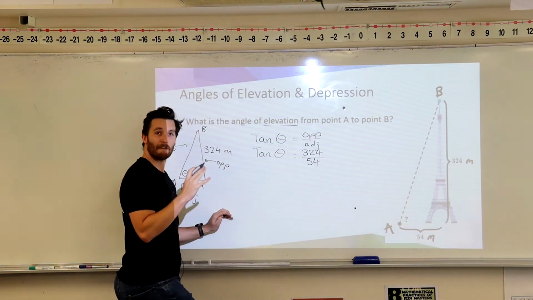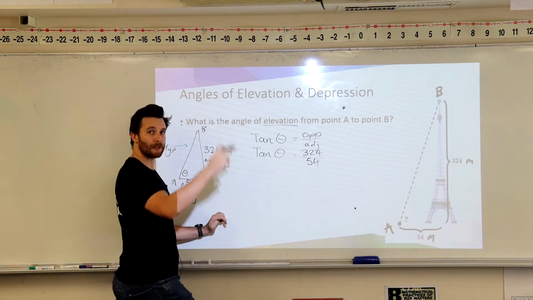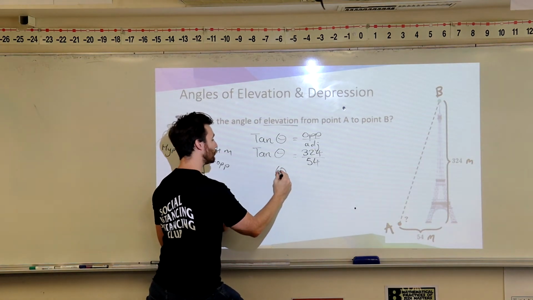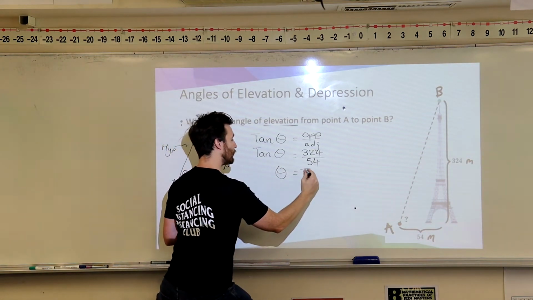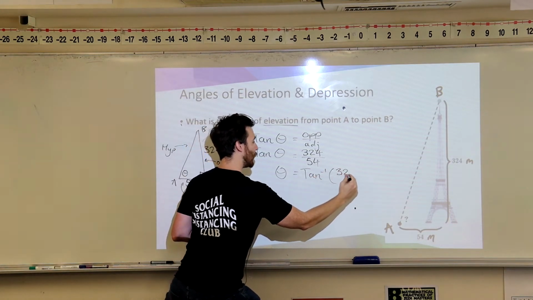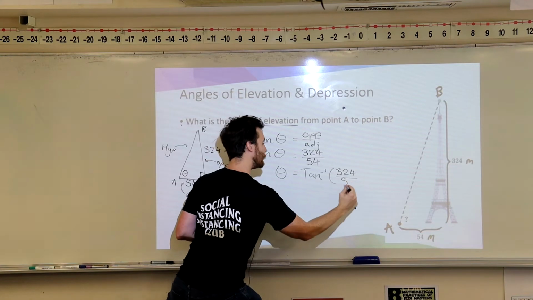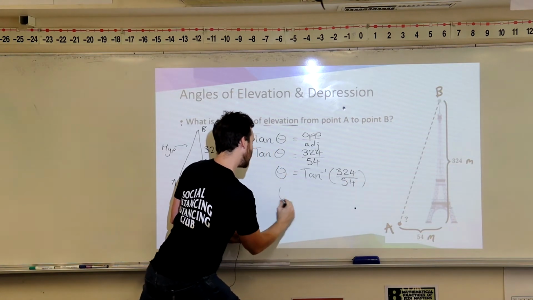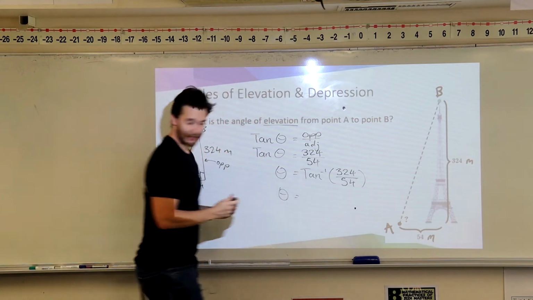Now because we're finding the angle this time, we need to use the inverse function of the tangent ratio. Rearranging that a little will give me inverse tan of 324 over 54. That's a little bit wonky, but that's okay. Now entering that into my calculator.